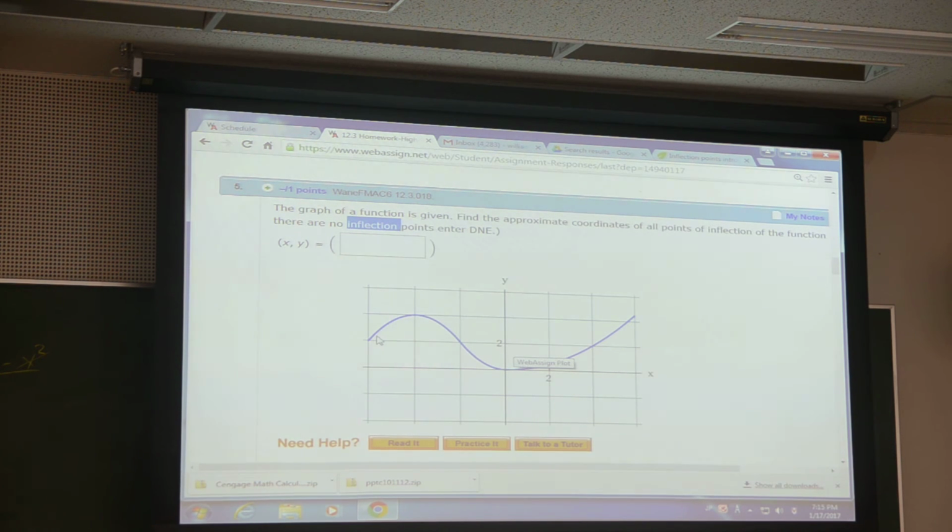The concavity is down here, called down concavity, and the concavity is up here. So somewhere it must have changed from concave down to concave up, and it's obviously this point here. The inflection point is -2, 2. All right, that makes sense?